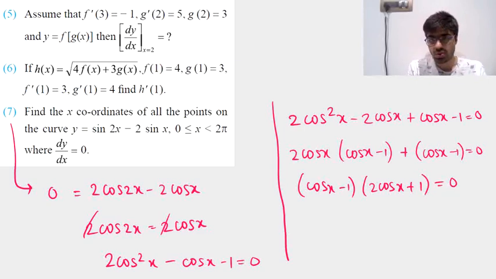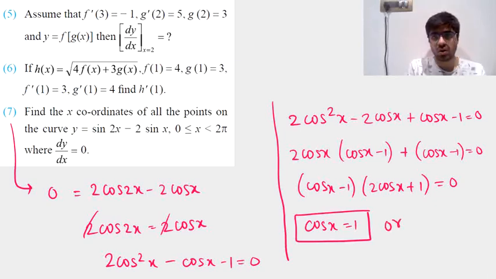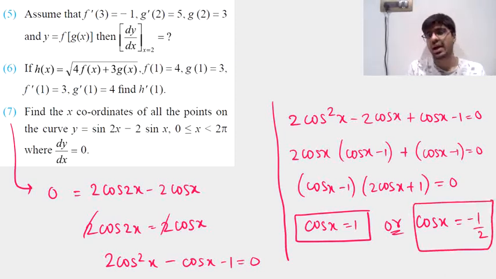And so cos x minus 1 will be 0, or this term will be equal to 0. So cos x will either be equal to 1 or cos x will be equal to minus 1 by 2. And that's the final answer for the 7th question.